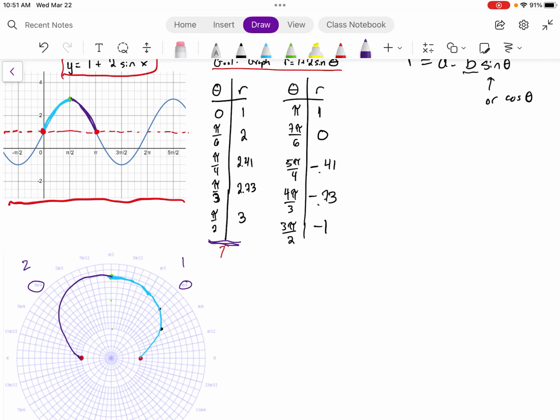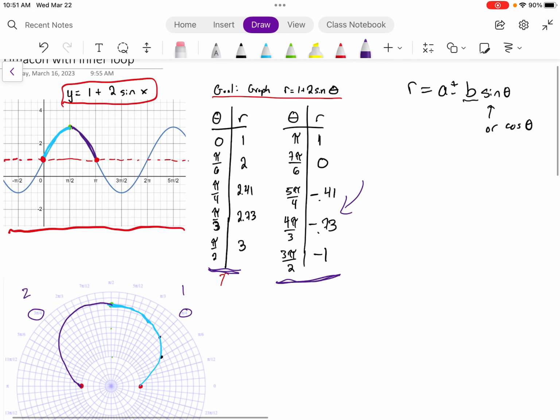Okay, let's now think about why I chose these values. I started at pi, and we see that we go negative here. And again, if we think about why we're going negative, sine can be negative. It goes from -1 to 1, right? On this interval from 0 to 2 pi that we're so concerned about.